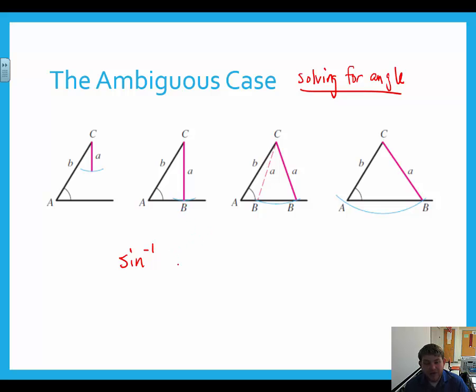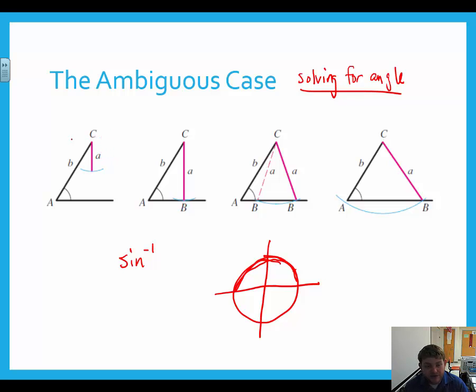But the thing is we know that the angles could be anywhere from 0 to 180. So the fact that inverse sine gives you the small angle means that really every time you could have two solutions. So what could happen is the sides and angles you're given, there's actually three cases we can have.